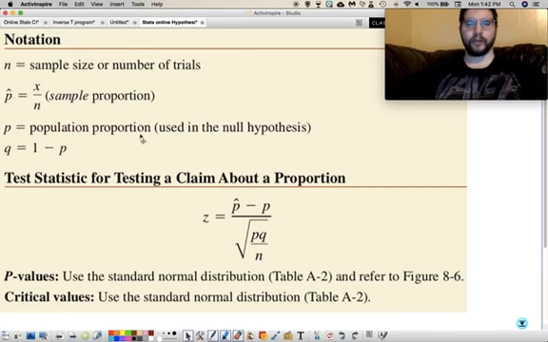P hat is the sample. We use the population in the null hypothesis. And Q is 1 minus P. And if we use the Q hat, it would be 1 minus P hat. The test statistic we're going to use is with P and Q, though. So again, this is the formula for the test statistic. We did that earlier. And to get our critical values, we're going to use the standard normal distribution chart or inverse normal, your choice.